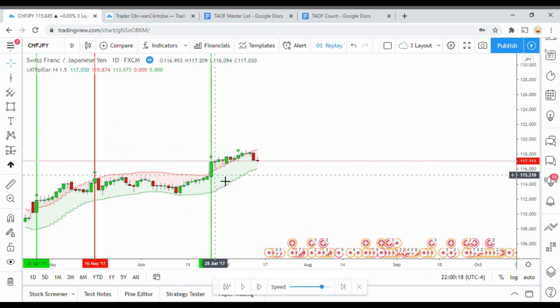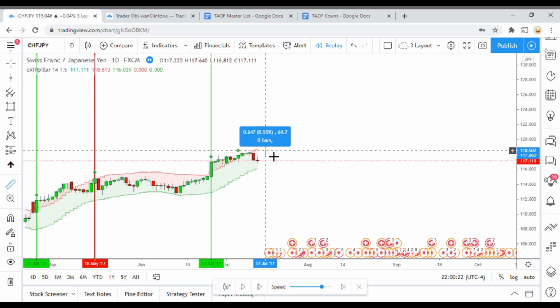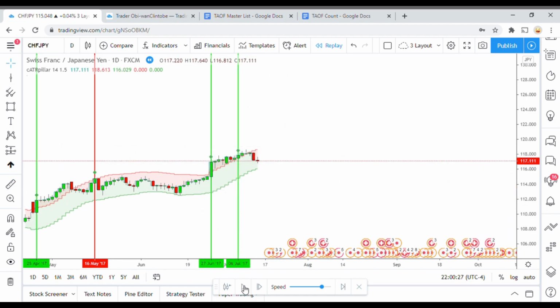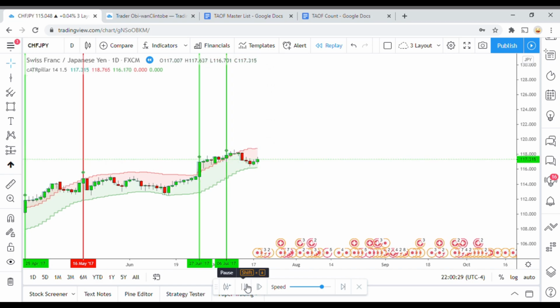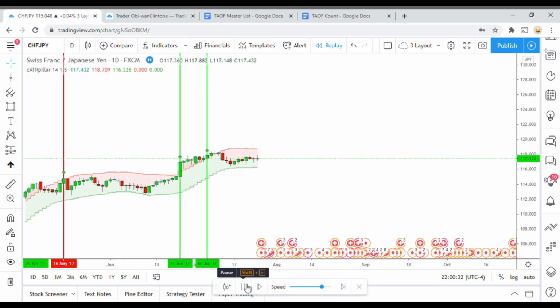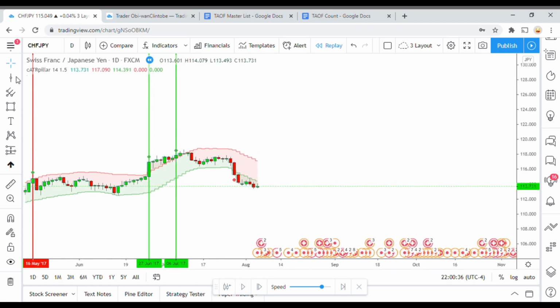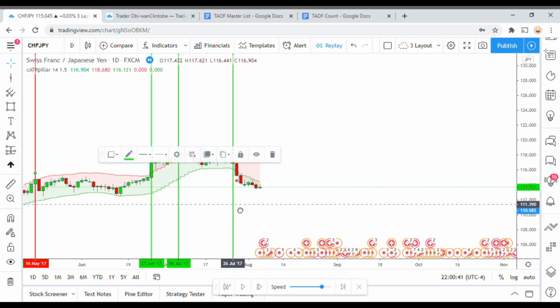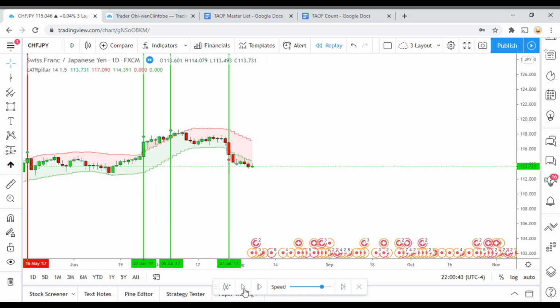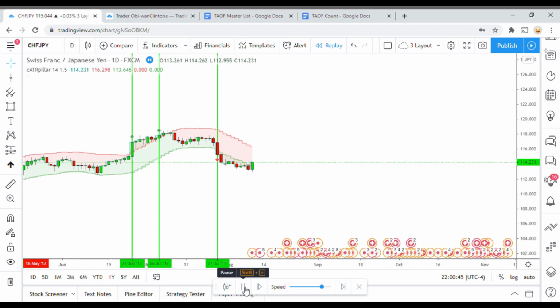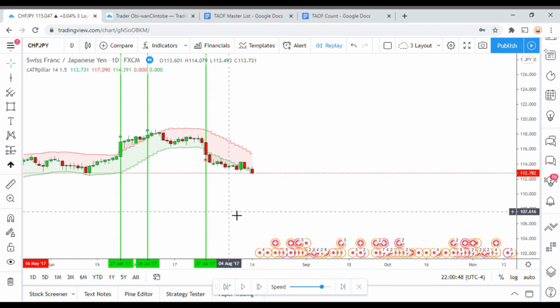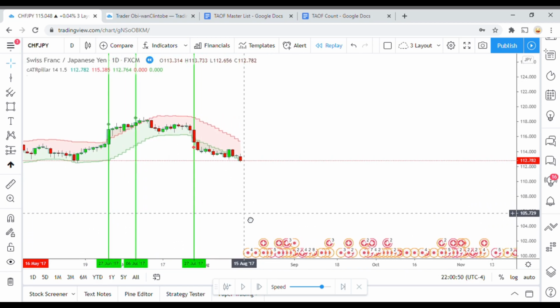All right, let's see. So there is that one there. And we picked up another one right here. That was a good signal as well. All right, got a little streak of good signals going on now. Another good signal there. So not too horrible.